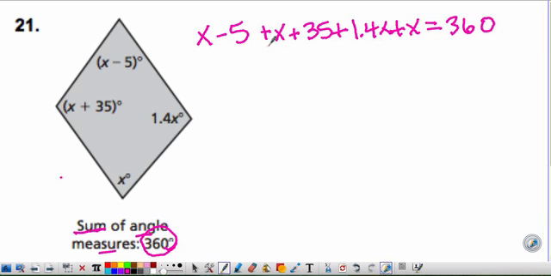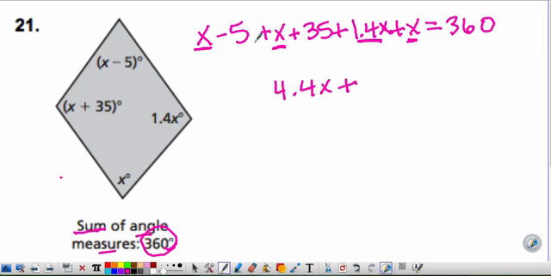What you got, Sierra? That's an x plus x. We have x plus x is 2x. 2x plus x is 3x, and 3x plus 1.4x is 4.4x.